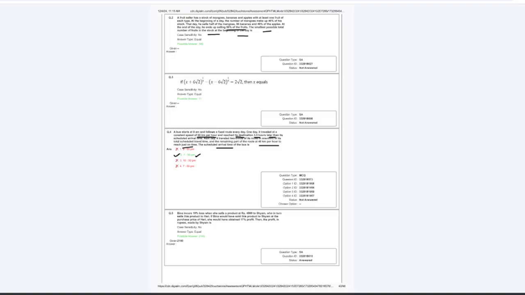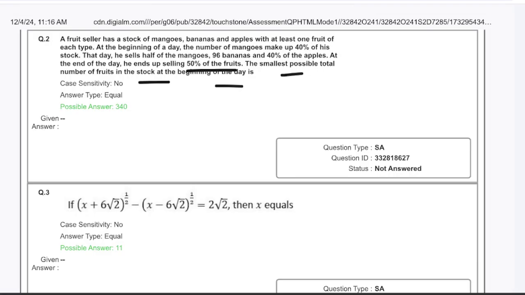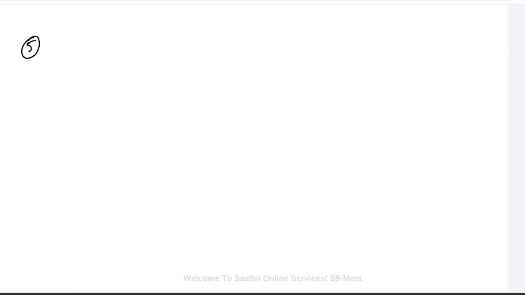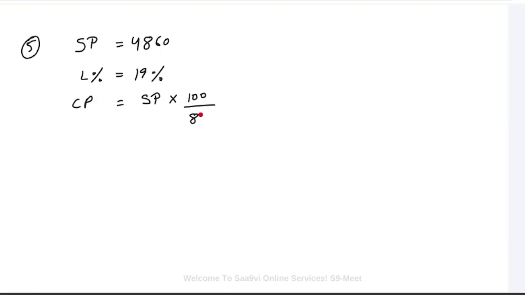It says Bina incurs 10% loss when she sells a product for 4860 to Sham. That means selling price is 4860. Loss percentage is 19%. That means the CP is equal to the formula we have, SP into 100 divided by 100 minus loss percentage.